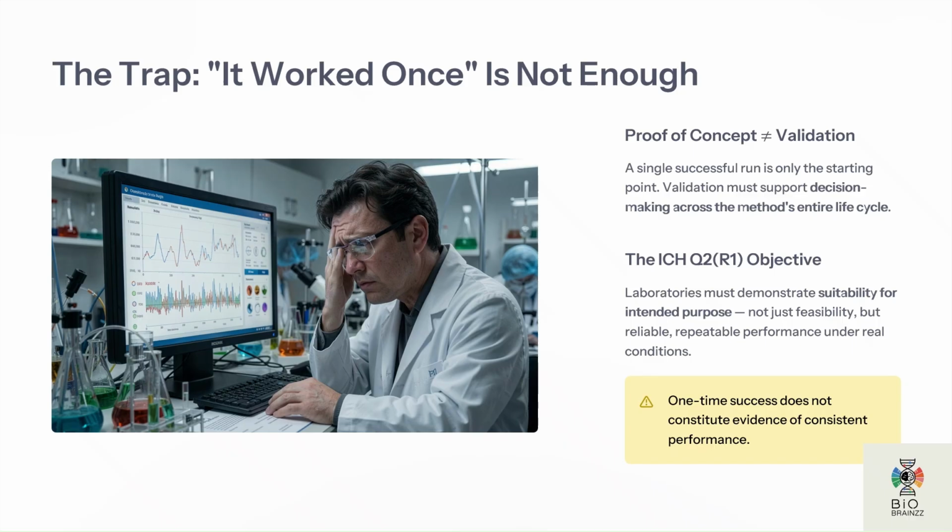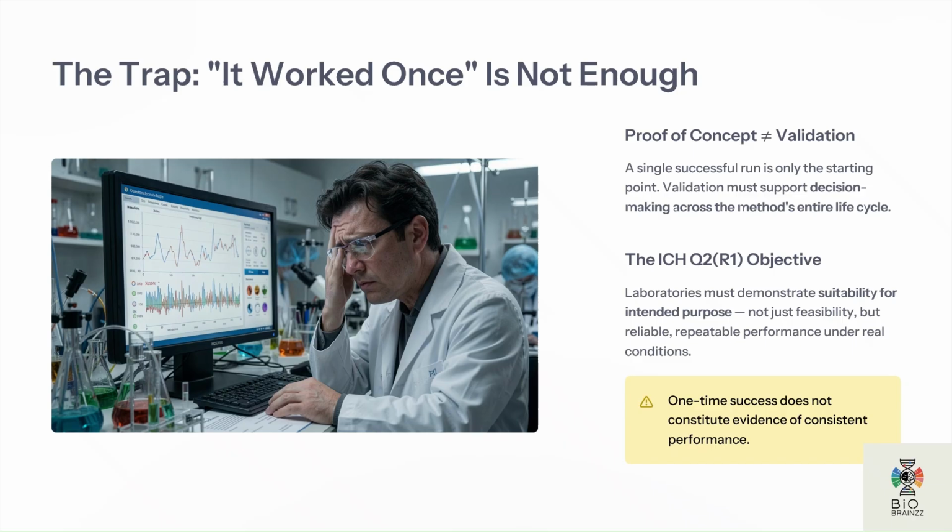A common misconception in laboratories is that if a method works successfully once, it is automatically acceptable. However, one successful experiment does not prove consistent performance. A single successful run is only a proof of concept. Validation requires repeated testing under different conditions to demonstrate reliability and consistency.